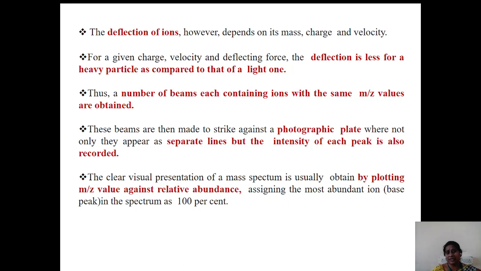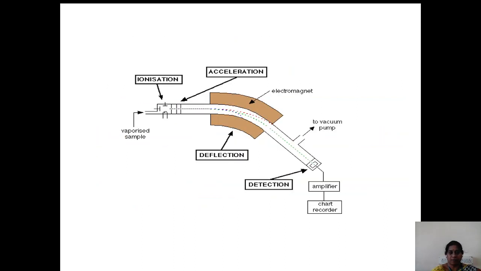These beams are then made to strike a photographic plate, where they appear as straight lines, and the intensity of each peak is also recorded. Thus, a clear visual representation of a mass spectrum is usually obtained by plotting the mass to charge ratio against the relative abundance, assigning the most abundant ion in the spectrum as 100%.